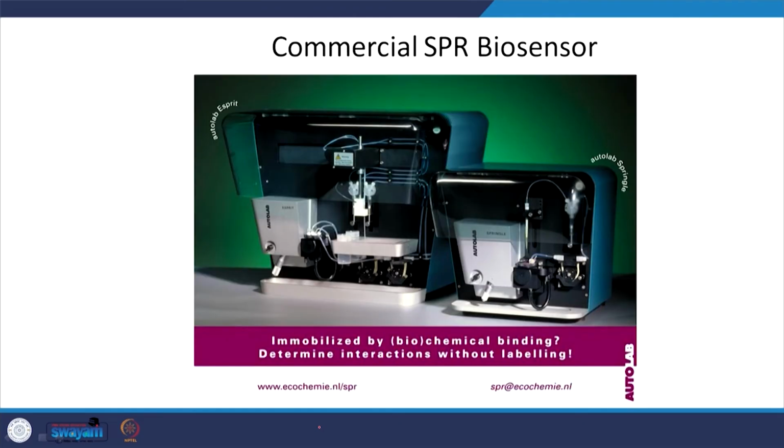There is another commercial SPR biosensor from Ecochemie, a Netherlands company, and this becomes very costly because they put lots of automation in it: putting in a sample, then another sample, then washing, all automated. You just put in the samples and it takes care of everything, all the measurements and the correct calibration curve.